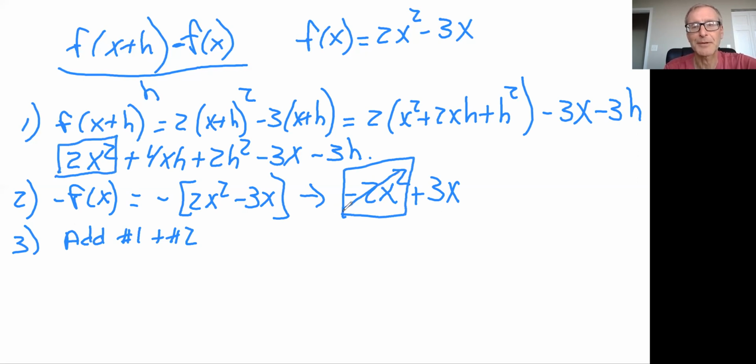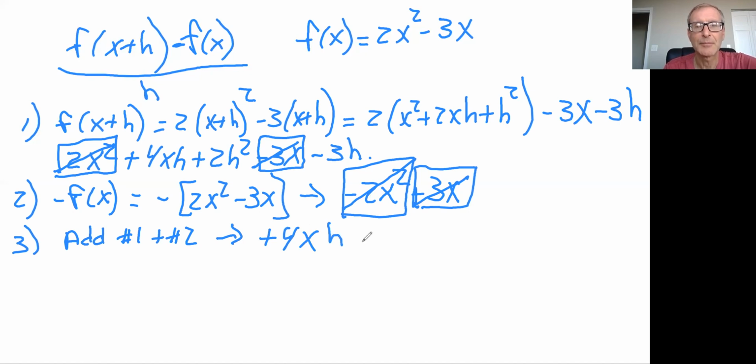They end up canceling because they're negatives of one another. And then 3x and minus 3x here are 2 terms that you can combine. And again, when you add those together, they would cancel. And so what would be left is plus 4xh plus 2h squared minus 3h.